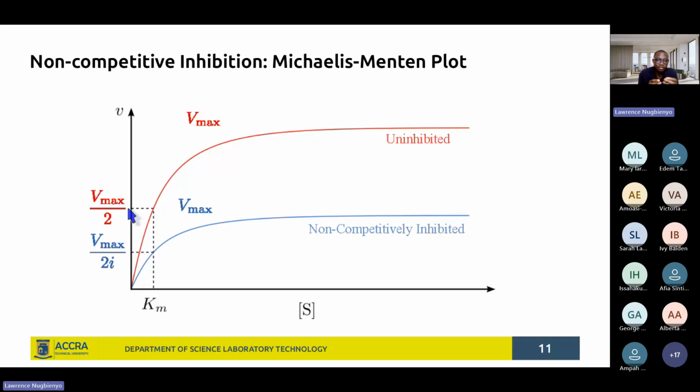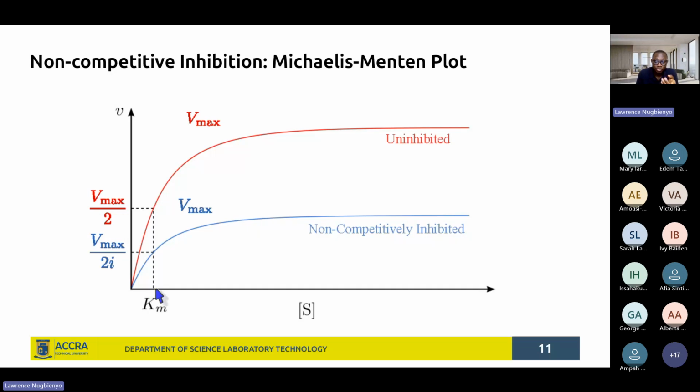So whether the substrate goes to bind to the active center or not, that allosteric site is still present for the inhibitor to bind. And once it binds there, it's going to prevent the reaction from proceeding, or it will slow down that reaction so that you will not be able to reach the maximum rate of the reaction. So the maximum rate of the reaction reduces significantly.